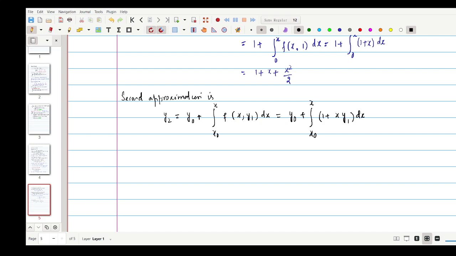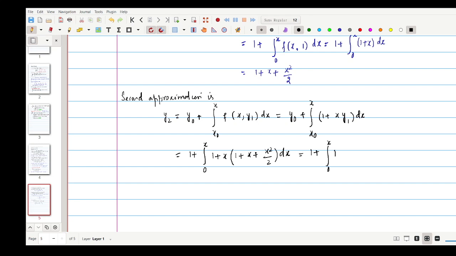And we already know the value of y1. So now substitute the value of y naught, that is 1 plus integral, x naught is equal to 0, and here we have x. Then 1 plus x y1 is equal to 1 plus x times y1, as obtained in the previous case, 1 plus x square divided by 2, dx.